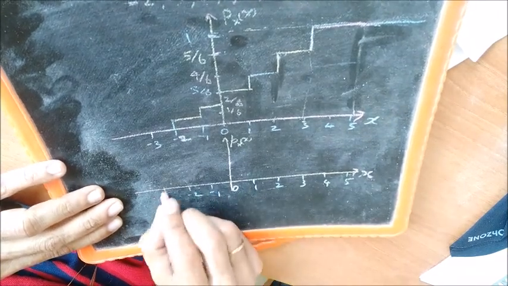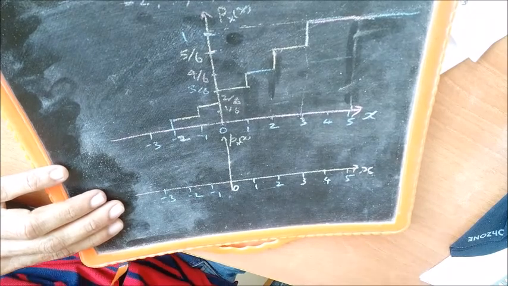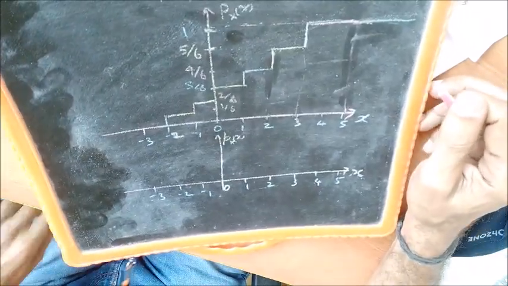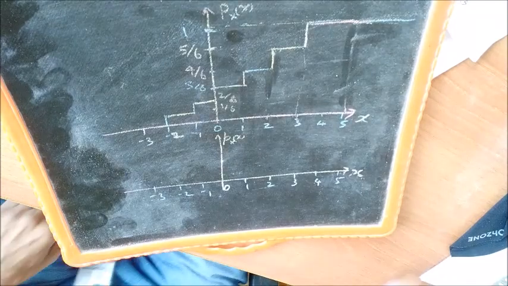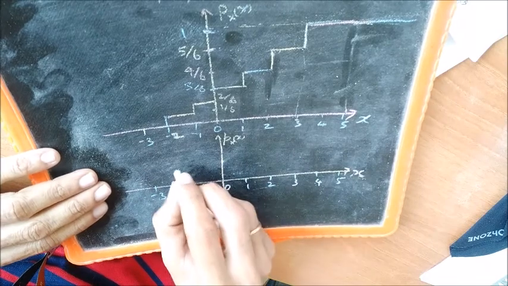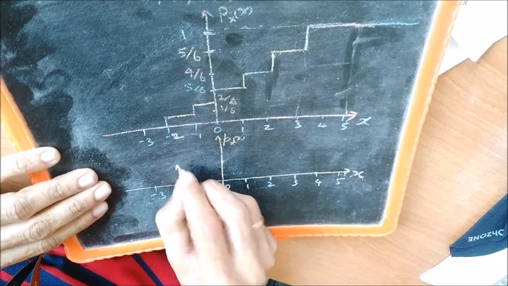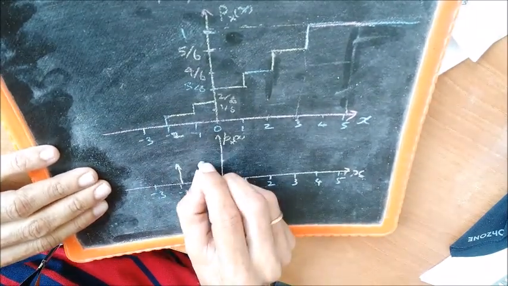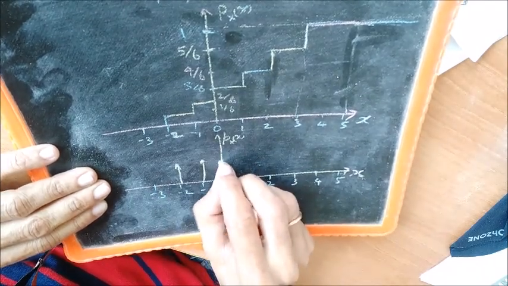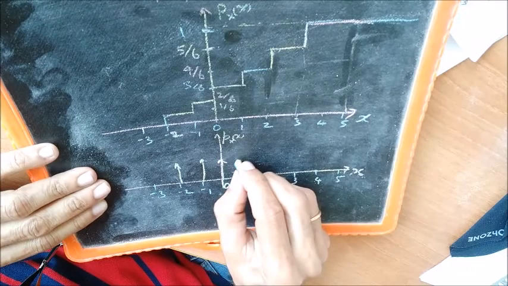of this random variable, which we have obtained by mapping the 6 faces of a die onto the numbers minus 2 to 3. You differentiate at minus 2, you will have an impulse of strength 1 by 6. At minus 1, you have an impulse of strength 1 by 6. At 0, you will get an impulse of strength 1 by 6.